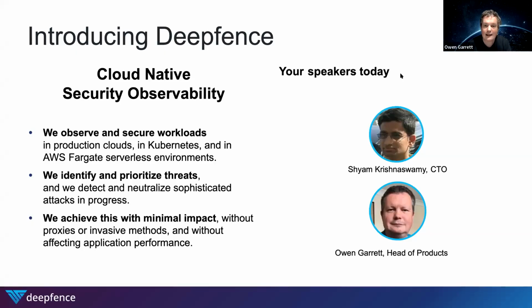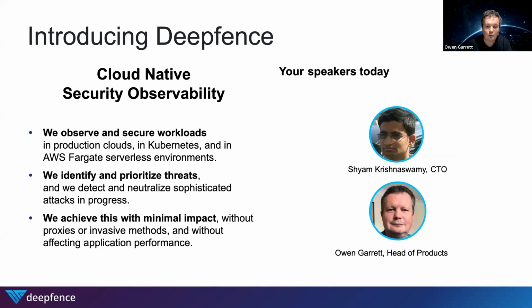Deepfence is in the space of securing cloud-native applications. We sit at the confluence of observability technologies and security technologies. We observe workloads running in production cloud environments, in Kubernetes, in Fargate serverless, and in bare metal and virtual machine environments.